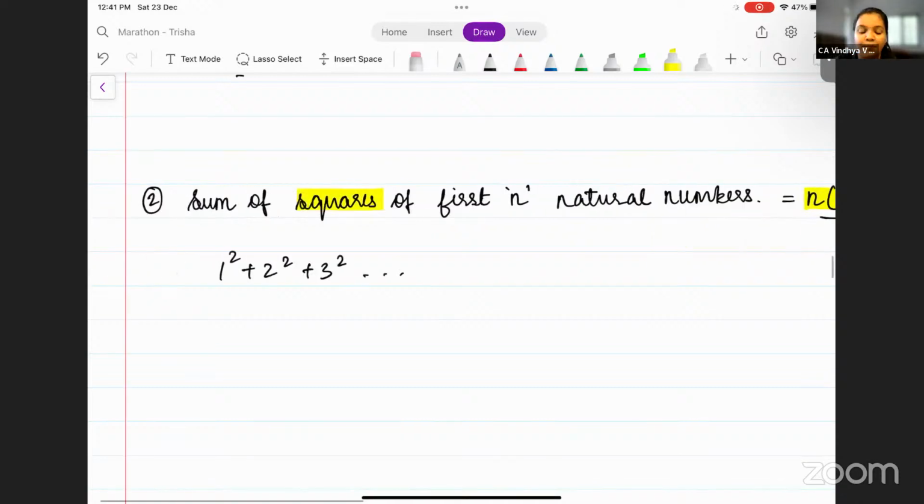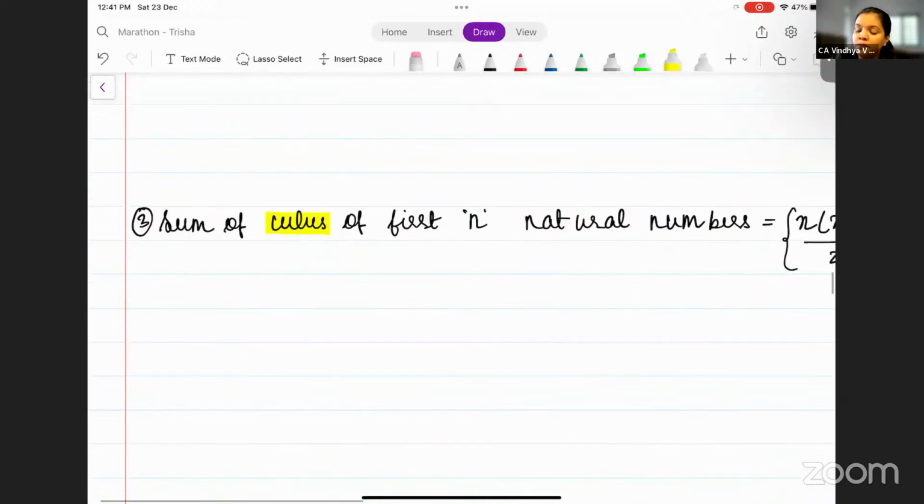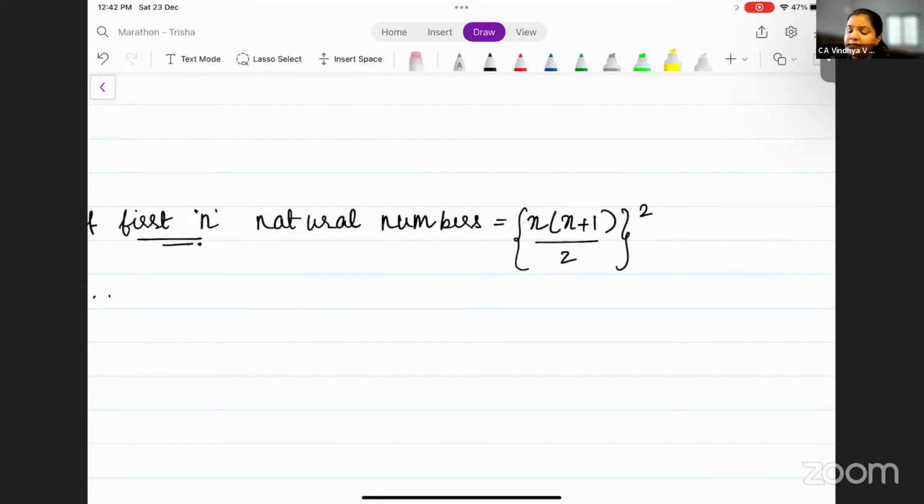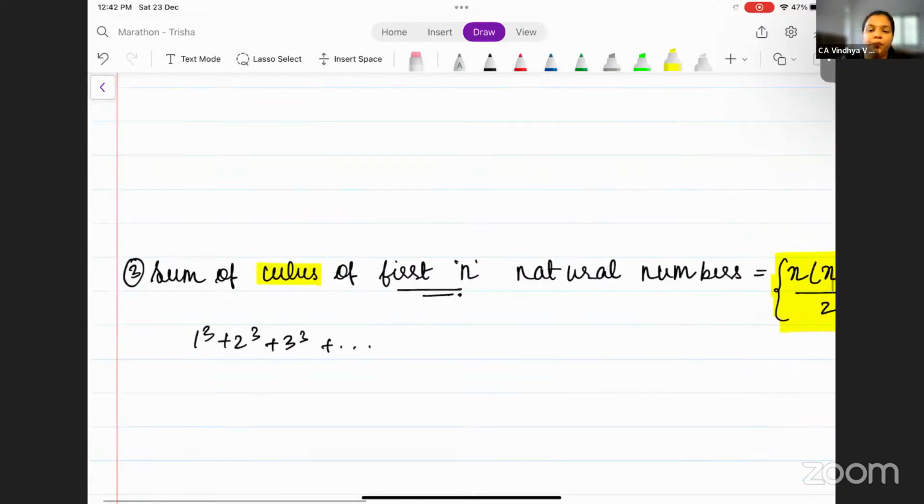This formula is applicable in the case of squares. Next you have the sum of cubes: 1 cube plus 2 cube plus 3 cube and so on. Remember, it is the first n, so 1 should be the first value. Here the formula is the square of the first formula, that is, (n into (n plus 1) divided by 2) the whole square.